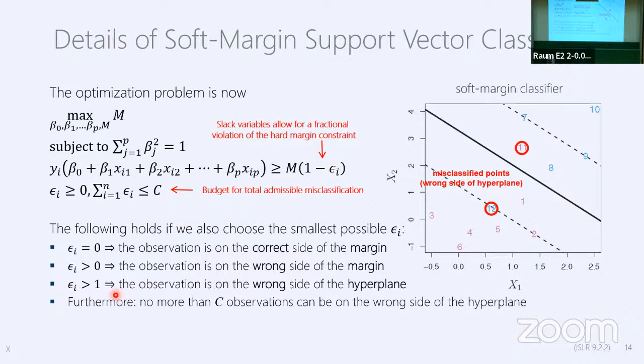And if epsilon I is bigger than 1, then the observation is not only on the wrong side of the margin, but also on the wrong side of the hyperplane. And another thing which we can observe from this optimization problem is another way to interpret this parameter C: C essentially sets the total amount of points which can be on the wrong side of the hyperplane.